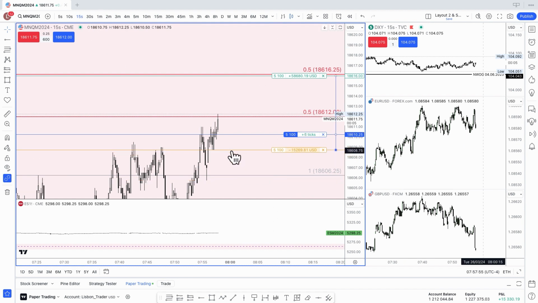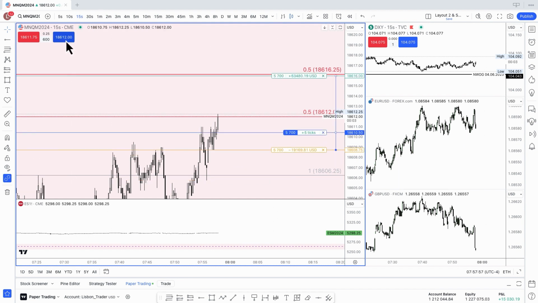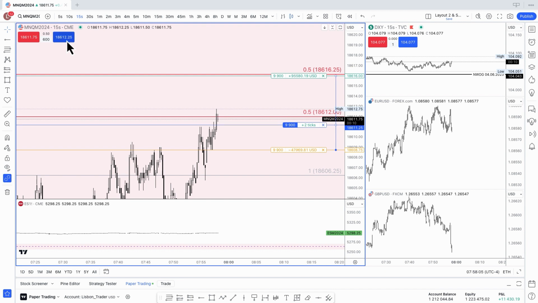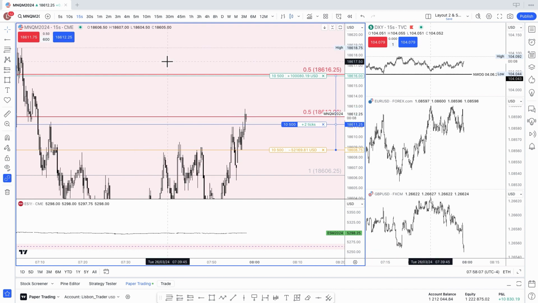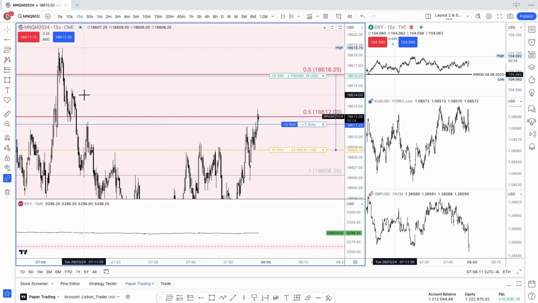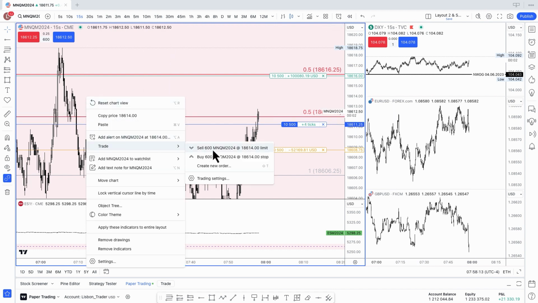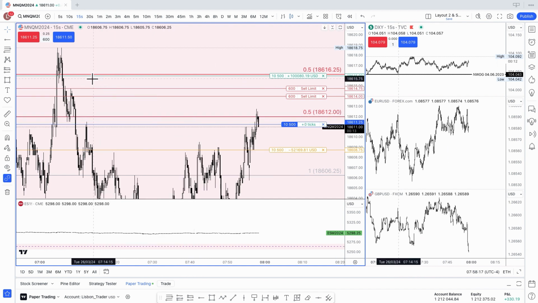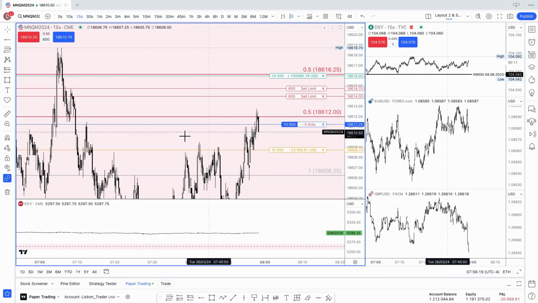Now I want a 50k position again, but starting from this level. There, 50. There's a no wick candle, so I'll be taking some profits there at this level, that level.